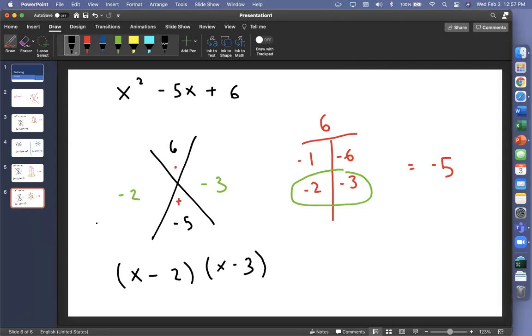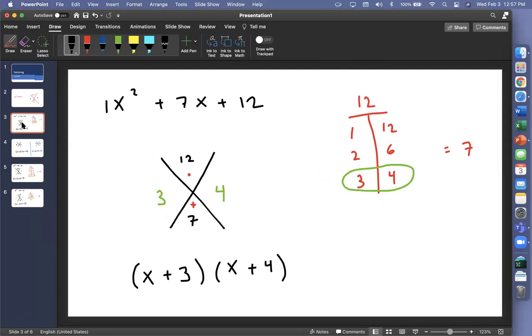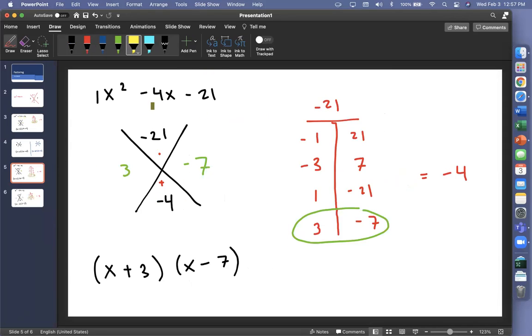So we went over 3 scenarios. Scenario 1, we have a positive b, and the c is positive. So everything is going to be positive. Scenario 2, we have a negative b and a negative c.